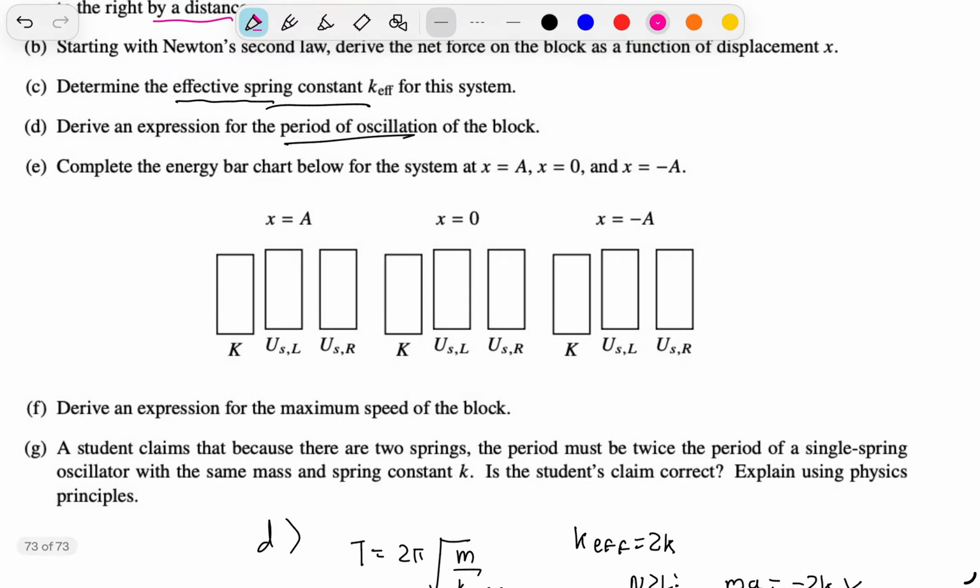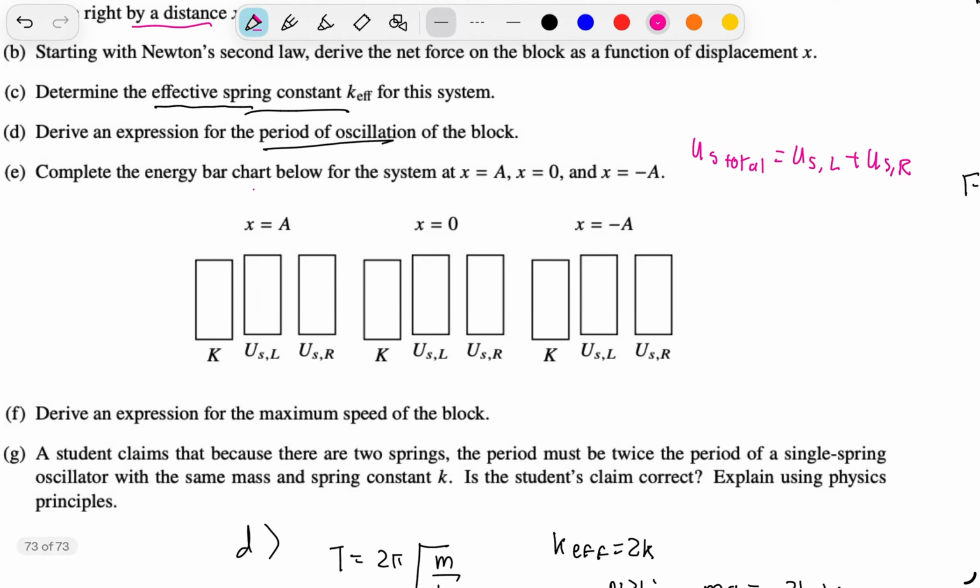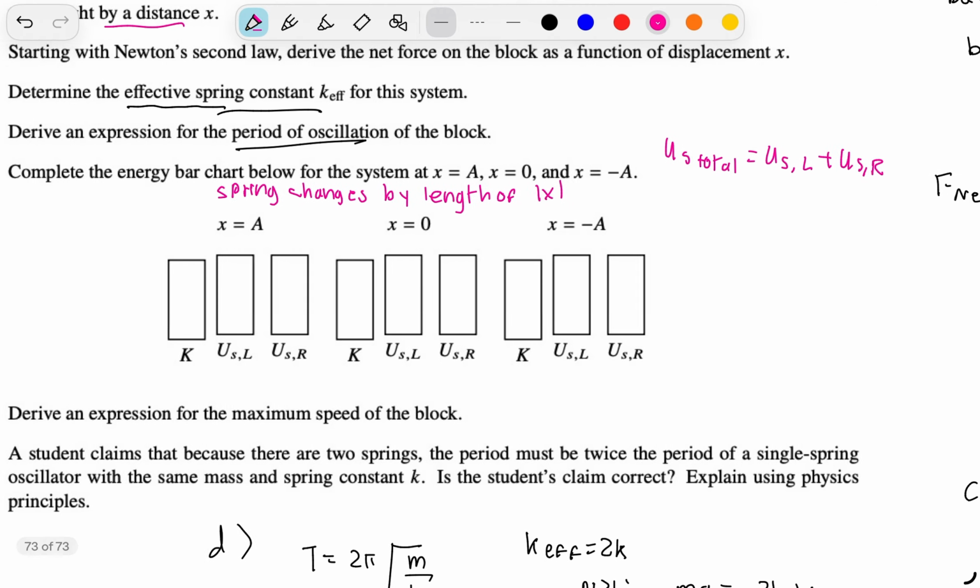For the energy bar chart, we have the sum of the spring energies. So the spring changes by a length of x displacement.